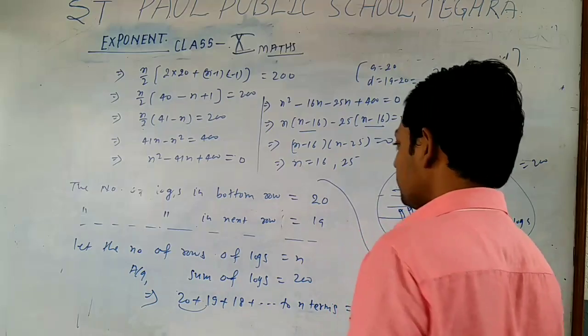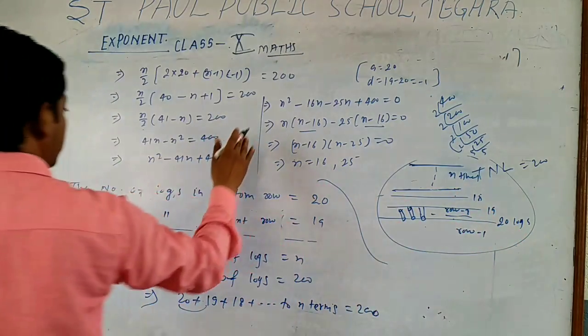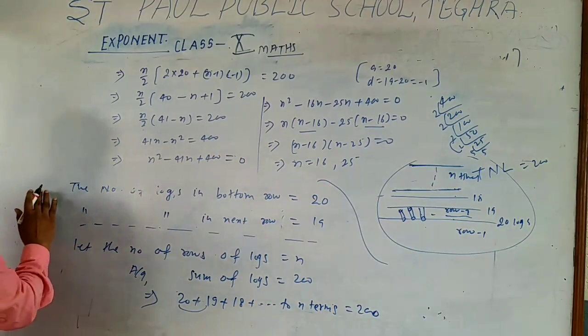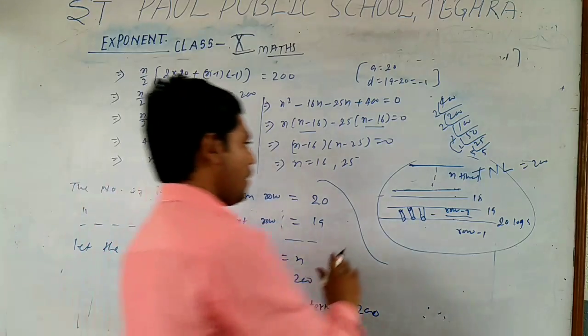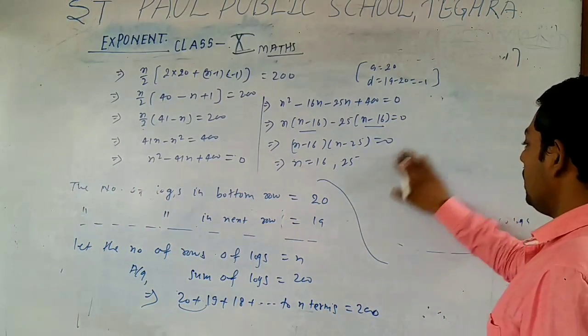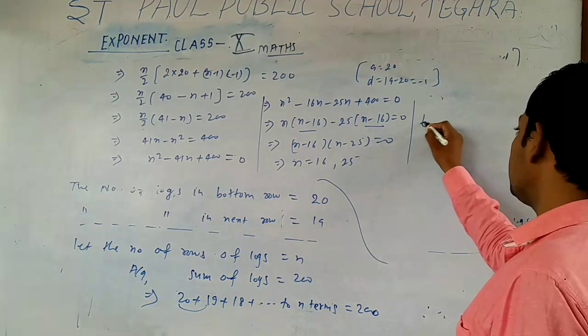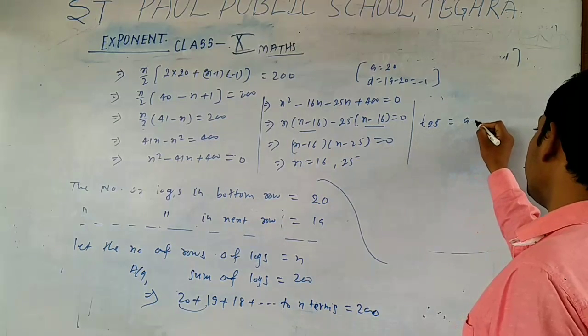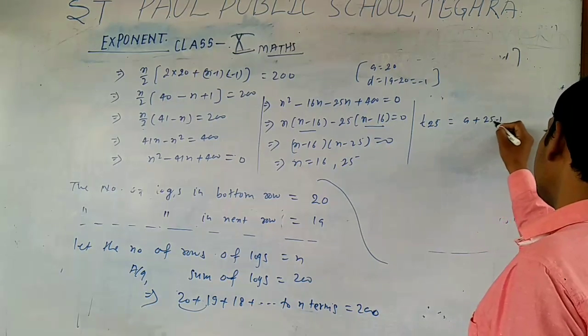Now we have T25, that is a plus n minus 1 into d.